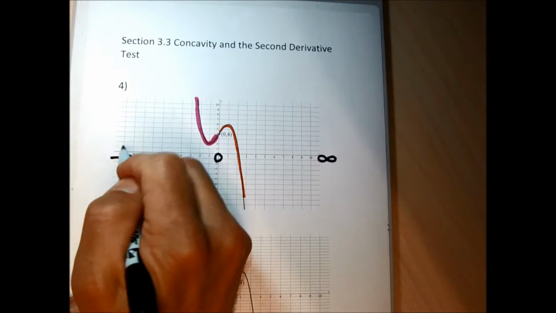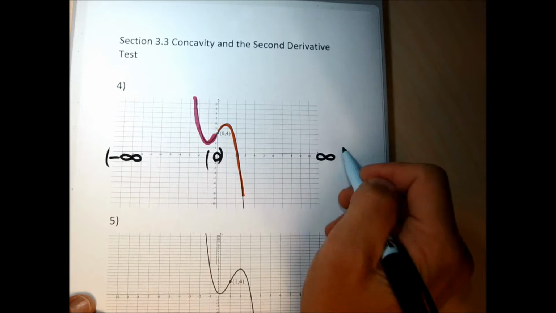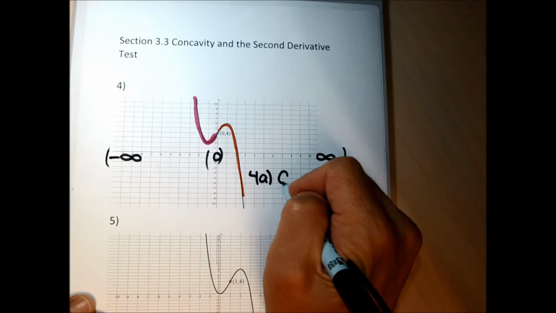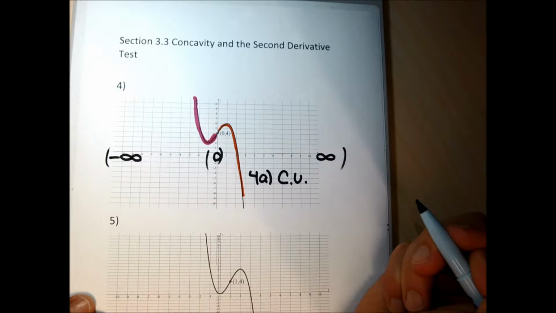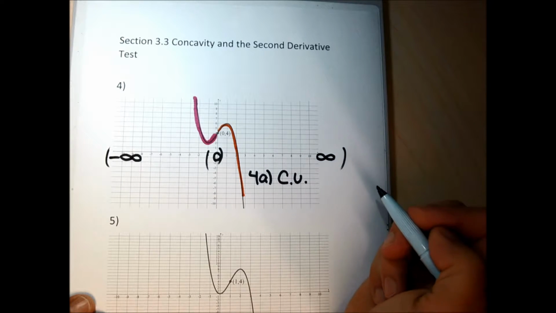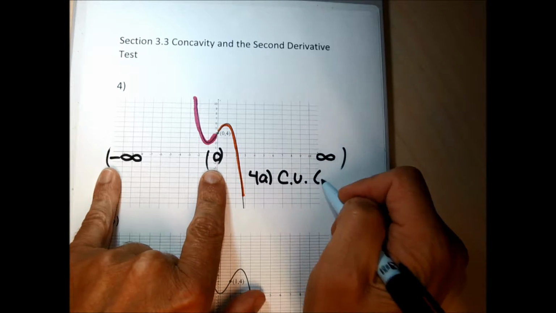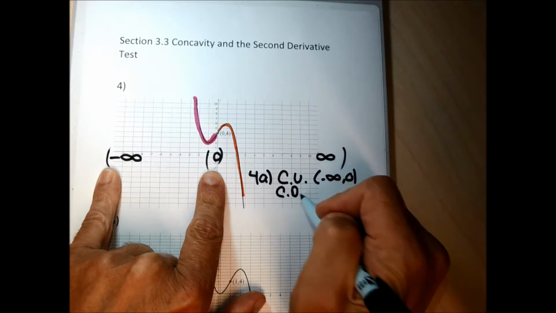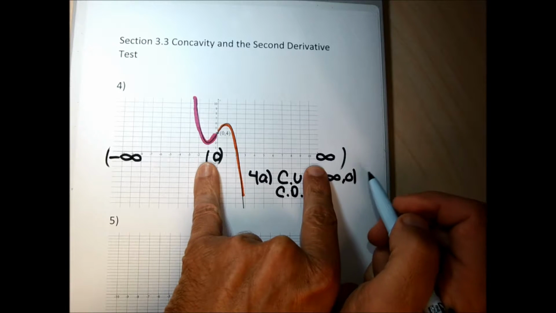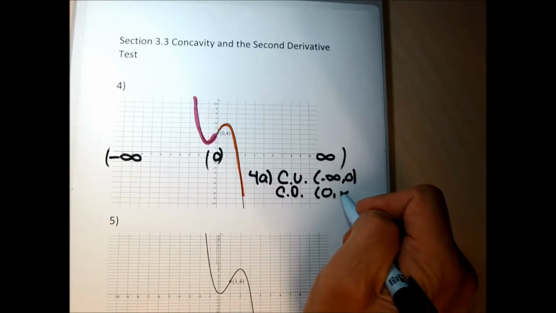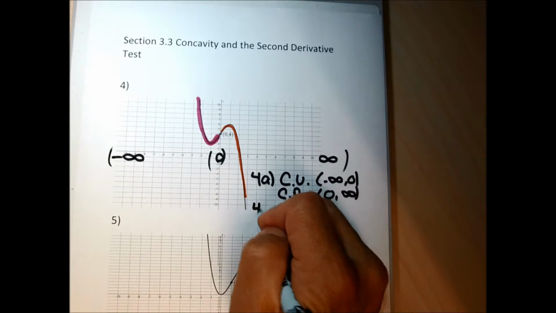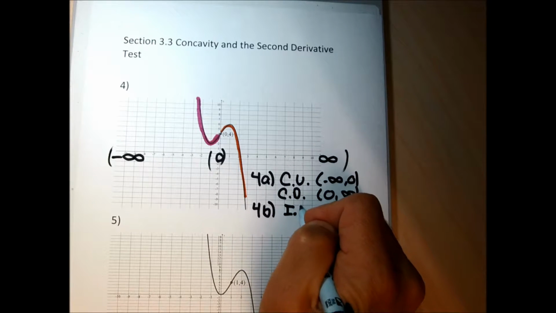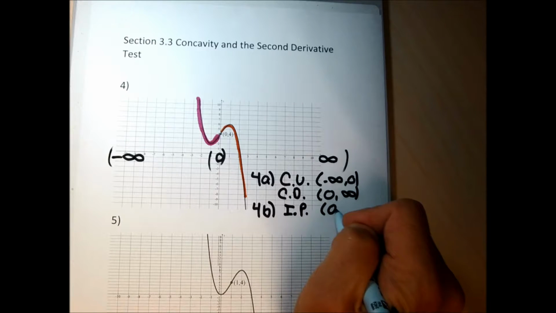So those draw out my intervals. You can see the intervals there. And for 4a, the graph is concave up. Probably not the best abbreviation, but it's what I'm going to use. It's concave up in the first interval from negative infinity to 0, and it's concave down in the next interval from 0 to infinity. And for 4b, the graph has an inflection point at the point 0.4.